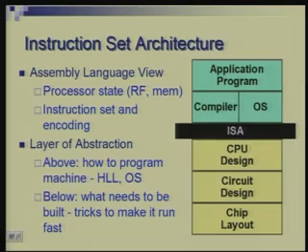So this is a typical view of where we place instruction set architecture in between software and hardware. At the top you have application programs which are able to run on a processor with the help of some system software. For example, a compiler is required to translate these high level language programs to machine code, and the OS is required to manage the resources and make it possible to compile, load, and execute programs.